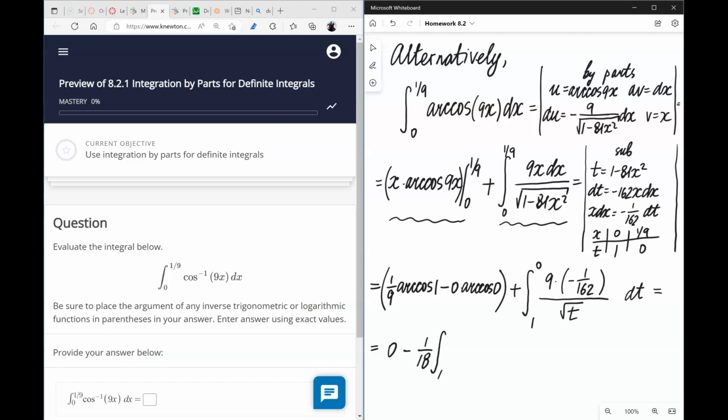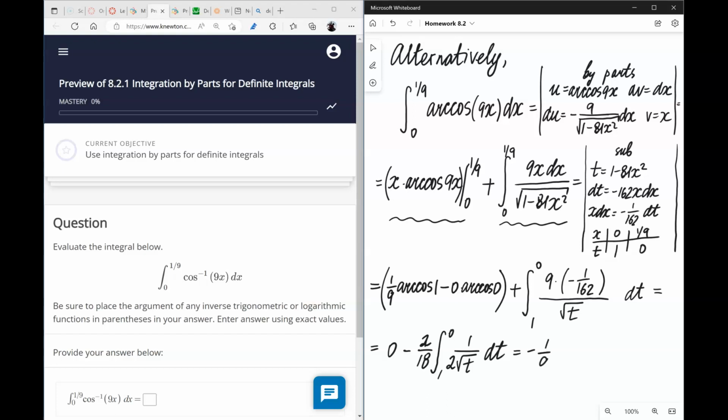Integral from 1 to 0 of 1 over square root of t dt. If you notice the pattern here, we can just throw an extra 2 over here and an extra 2 over here. So now we know the antiderivative there.